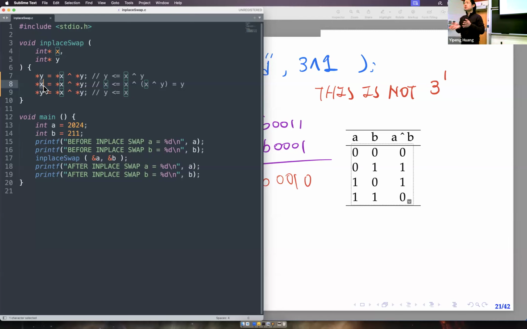Okay, so who thinks that doing this is a good idea? There was a question on the Zoom chat when I showed this on Tuesday. So why didn't we do in-place swap using this? Isn't this more elegant in some way? Yeah, what's your opinion?